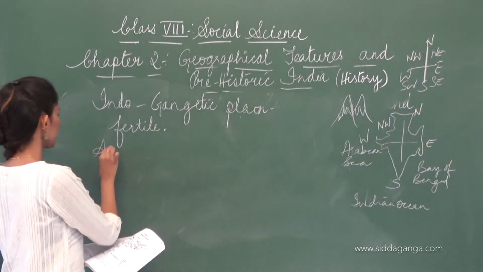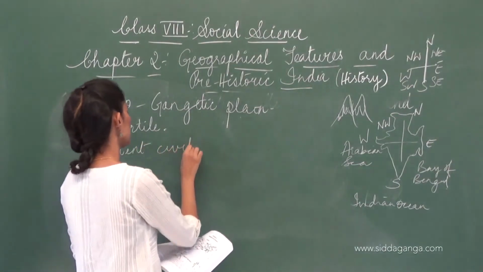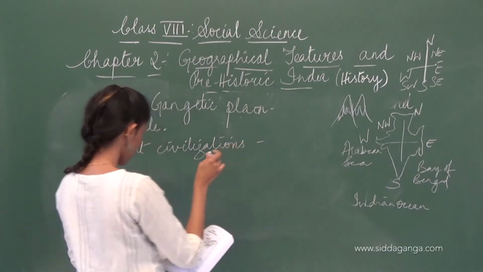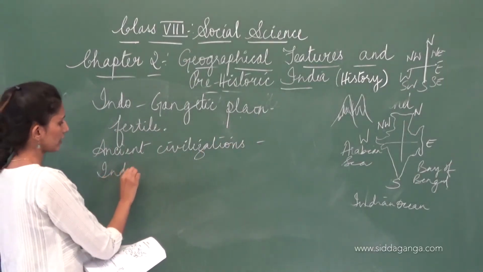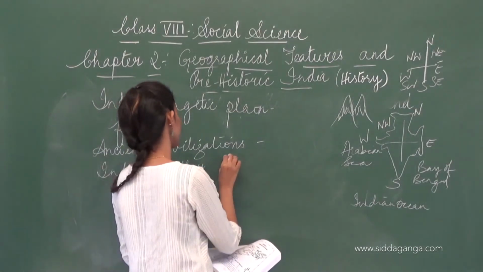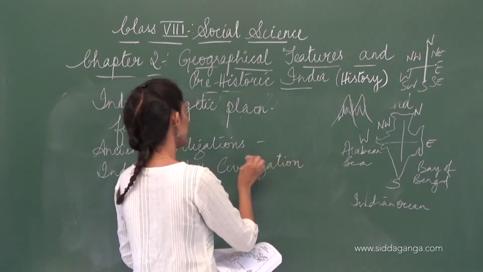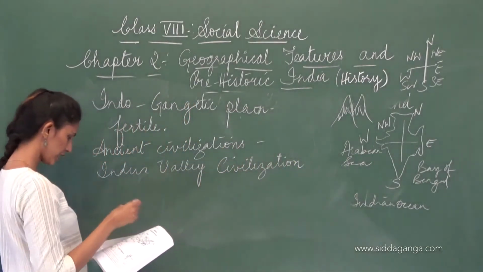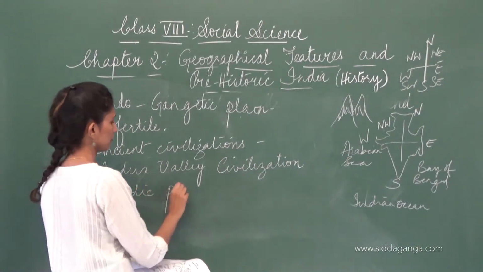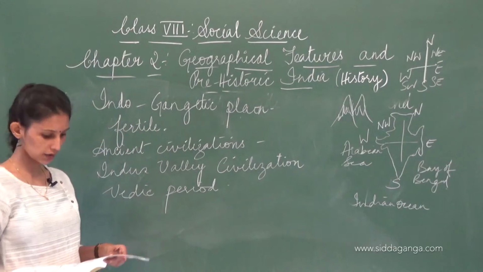Now, the ancient civilizations that were there, that is the Indus Valley civilization, okay, and the Vedic period civilization, they have been during this period.